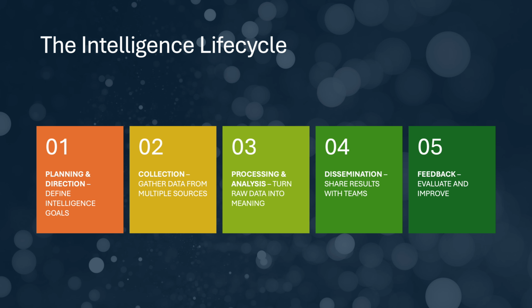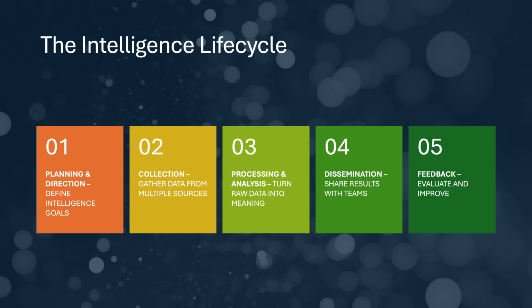Every effective intelligence process follows what's called the intelligence lifecycle. It starts with planning and direction, deciding what you need to know and why it matters. Then comes collection, gathering data from multiple sources like open feeds, network logs, or threat reports. Next is processing and analysis, where analysts turn raw information into something meaningful.